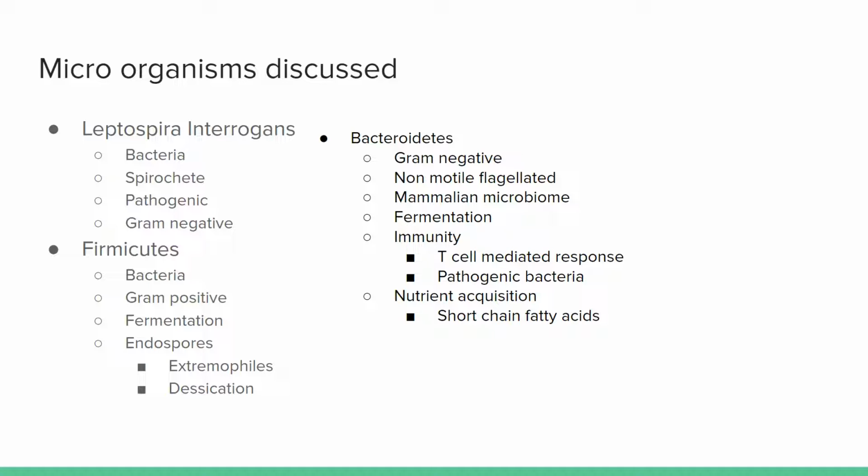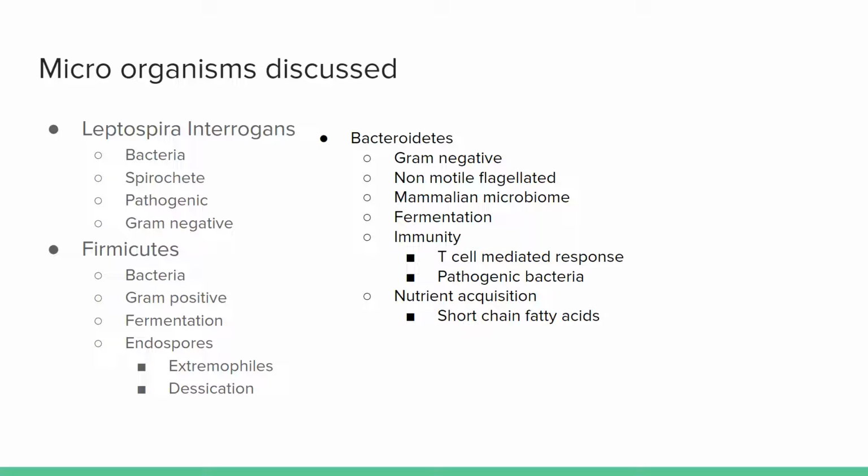Bacteroidetes are a non-motile flagellated gram-negative bacteria mainly found in the gut microbiome of the mammal. They play a role in digestion in the form of fermentation and immunity. So the fermentation that bacteroidetes participate in is glucose digestion, mainly polysaccharides.